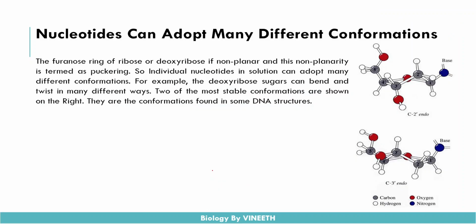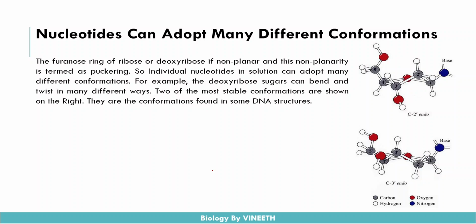So what is anti and what is syn is discussed here. The furanose ring, or the ribose ring, which is present in the deoxyribose sugar, is actually a non-planar ring. This type of non-planarity is called puckering.